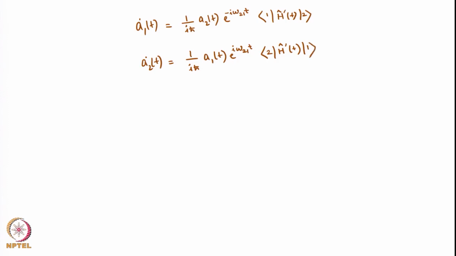So which means the time dependence of A1 will depend on A2 and the time dependence of A2 will depend on A1. That means these two equations are coupled differential equations.